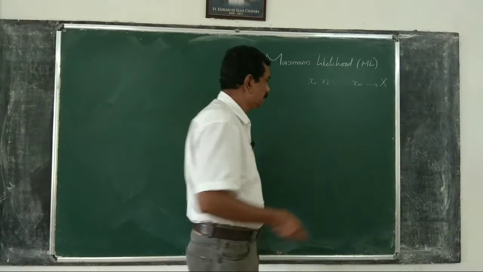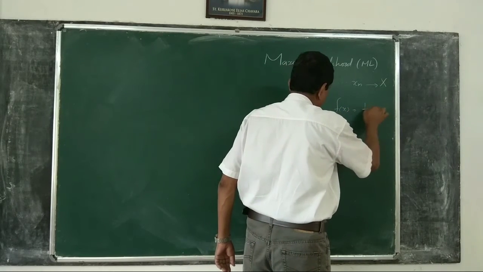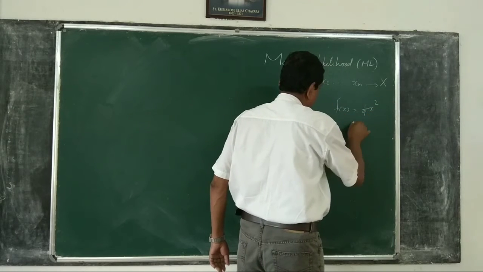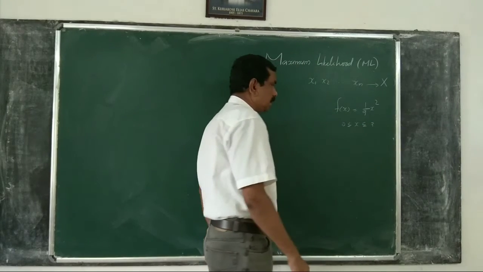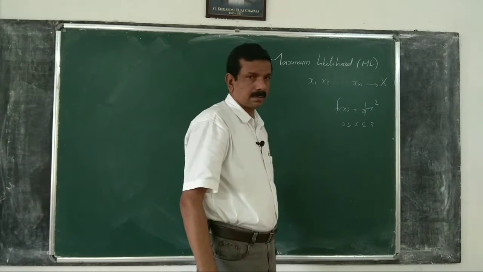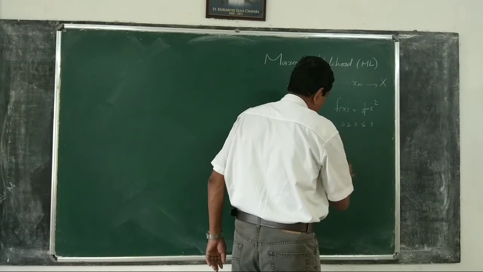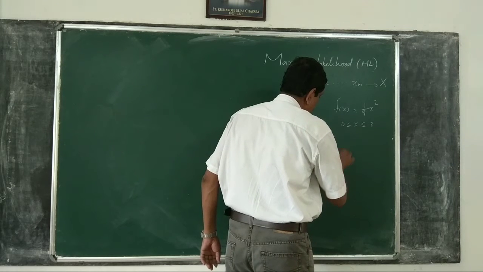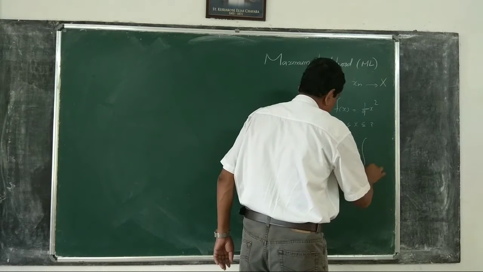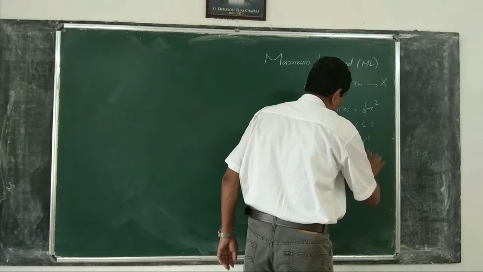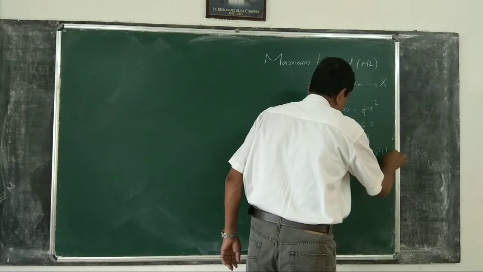As an example, consider a continuous random variable with the PDF f(x) equal to 1 by 9 x square, with the range of x between 0 and 3. Now, if you integrate this, the integral from 0 to 3 of f(x) dx is equal to the integral from 0 to 3 of 1 by 9 x square dx.